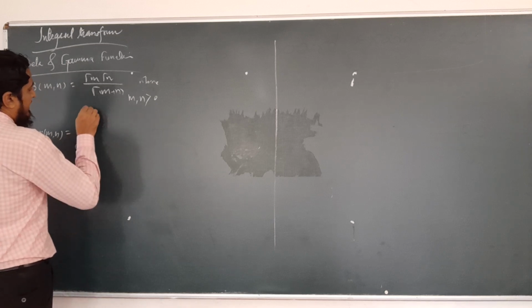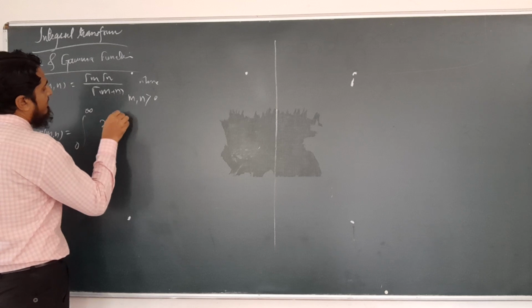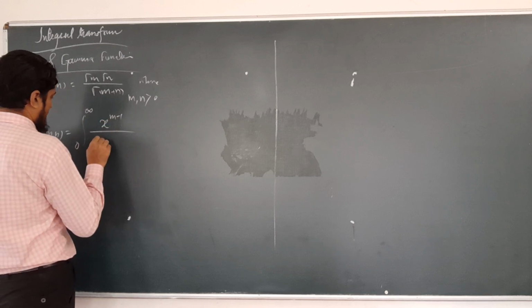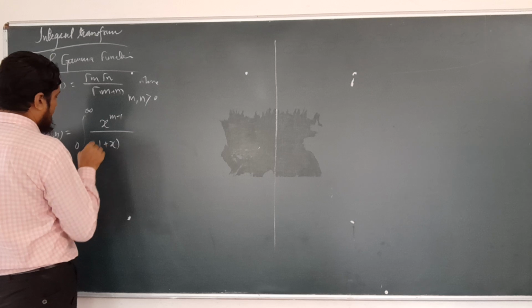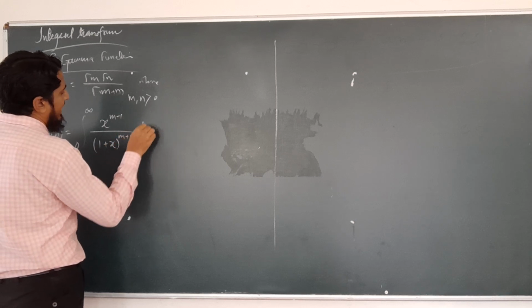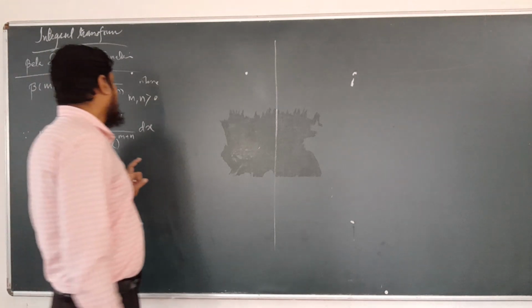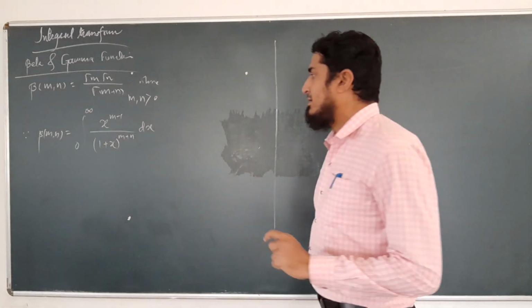may be written as integration from 0 to infinity x raised to m minus 1 upon 1 plus x raised to m plus n dx. We have proved this in the previous lecture, the relation of beta function in variable x.